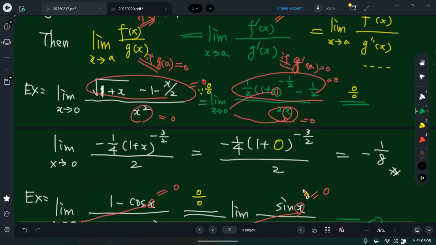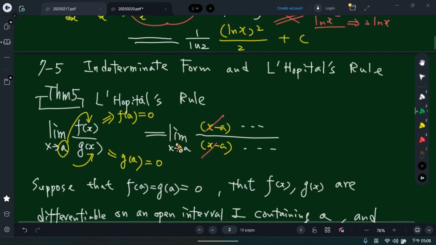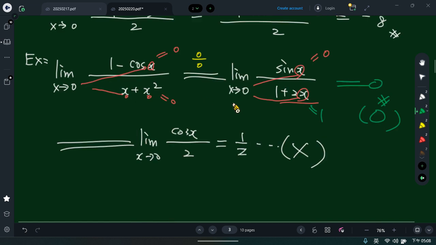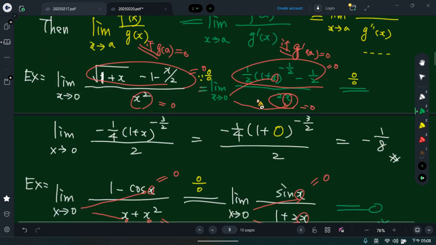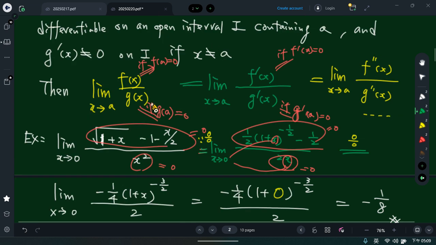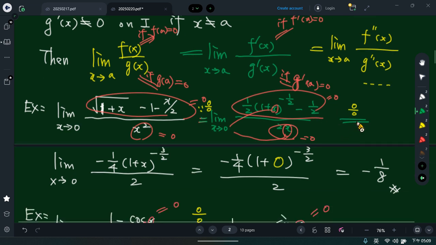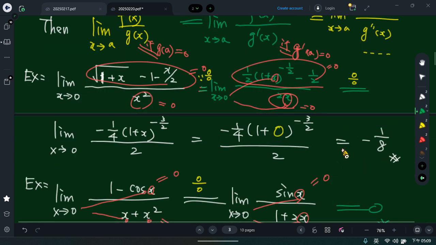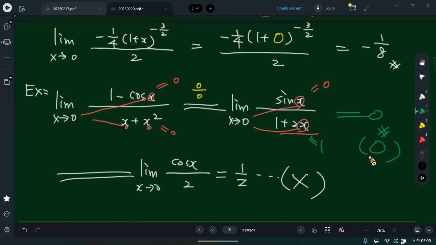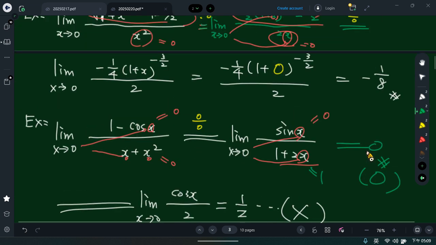Okay, so why do we say this case is an indeterminate form? Because the result could be three possibilities. The first one is I can give you a concrete number, like this one. Finally, we can get a concrete number. The second one is it possibly becomes 0.